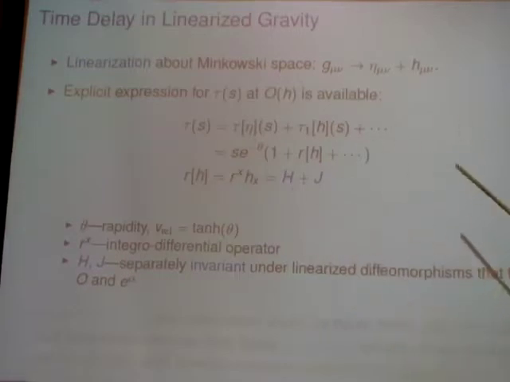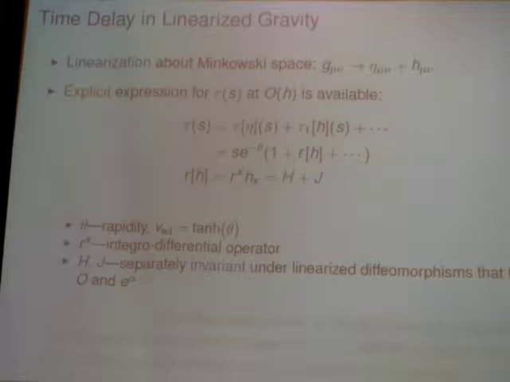Each term is a somewhat complicated integro-differential operator that involves derivatives of the H field, and also integrals of some components of it along the background geodesics composing the triangle that we're trying to describe here.